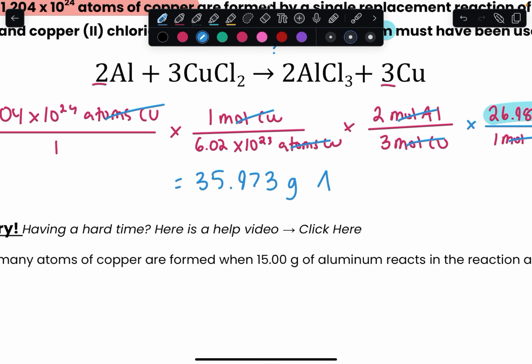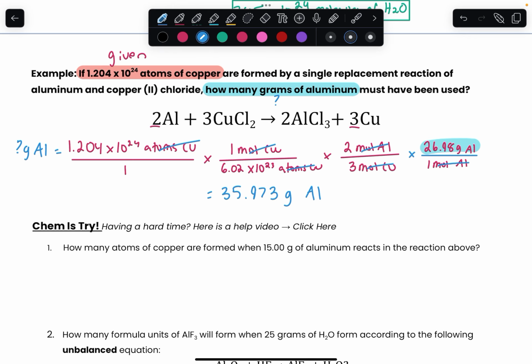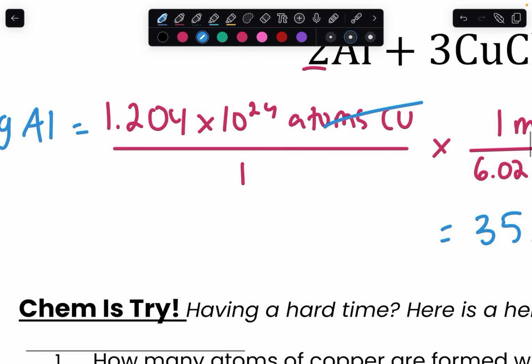grams of aluminum. Now I pulled a few extra decimals on this one so we can evaluate our sig figs here. I always tell students to go off of the given value for our sig figs. The given value is in scientific notation. We need to then count this first number for sig figs. 1 and 2 are definitely sig figs. This 0 is sandwiched between the 2 and the 4, making it also a sig fig. And then the 4 being a non-zero digit is also a sig fig.